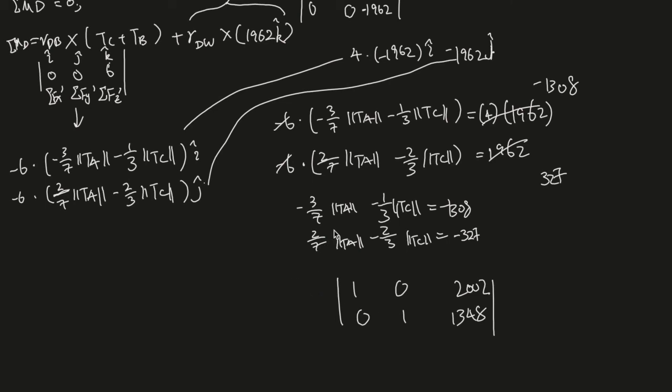Once you typed in, since this position was your TA value, this position was your TC value. So TA should give you 2002, and TC should give you 1,348 newtons, right?